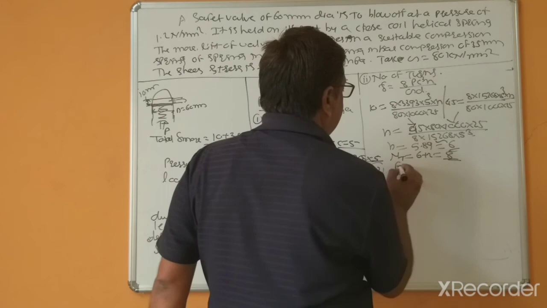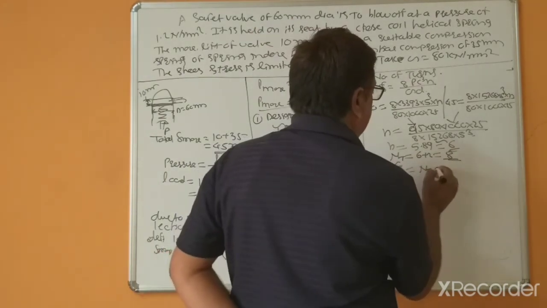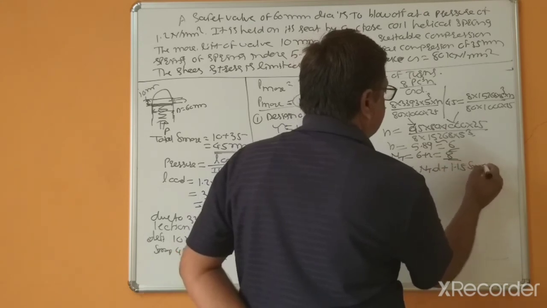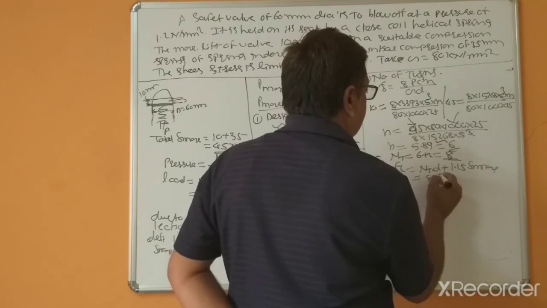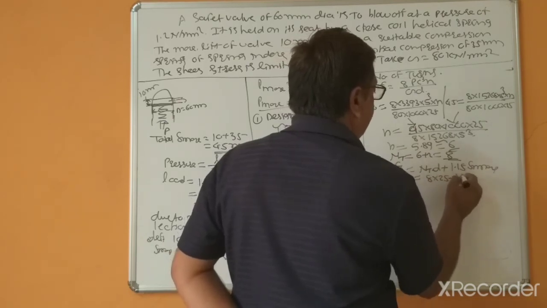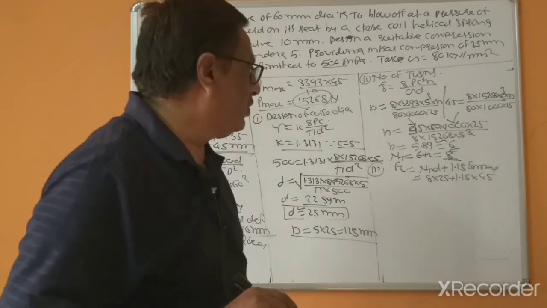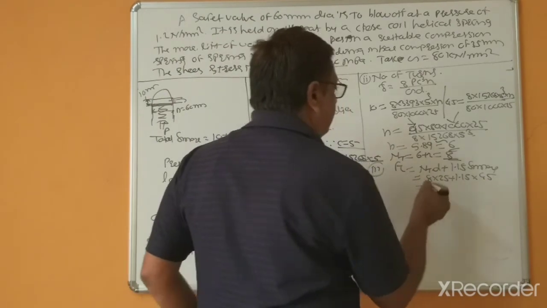The third part is the free length. Free length equals nt into d plus 1.15 delta max. This is 8 into 25 plus 1.15, and the maximum deflection is 45. Don't consider 10 mm here, because this is correct.